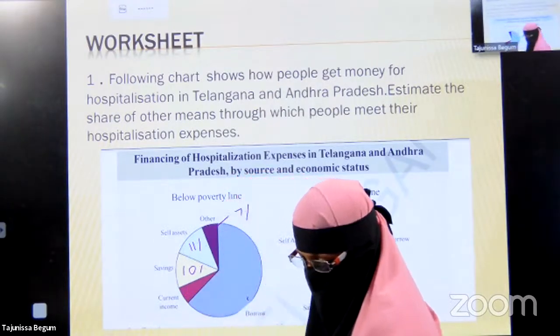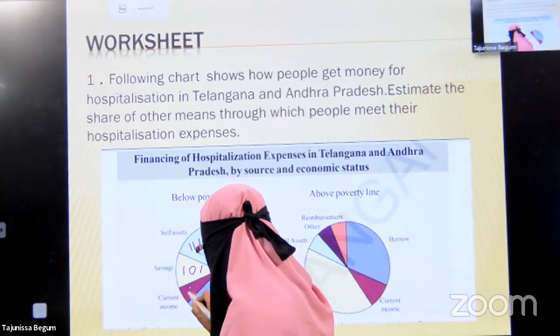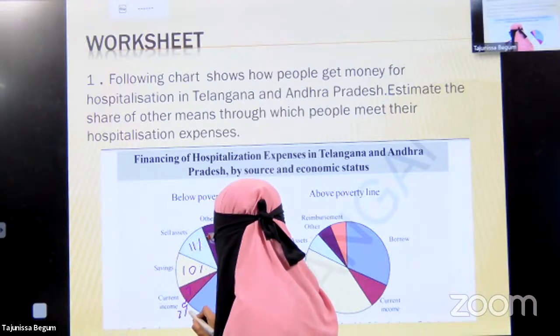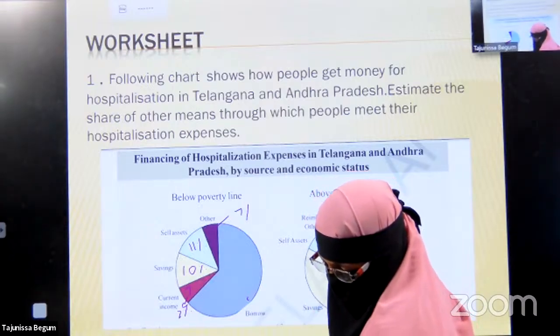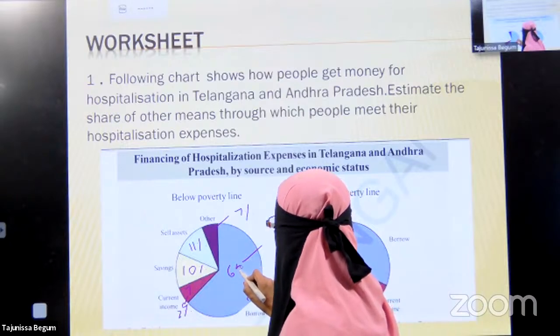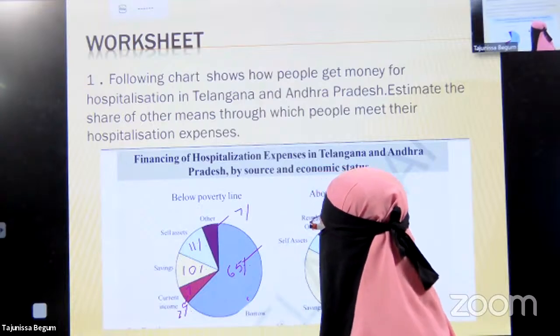And current income, how much income are they having? They are having 7% income here. And how much are they borrowing? You know that below poverty line, they are borrowing 65%. That means they are depending on other persons when someone is in the hospital. This is below poverty line.